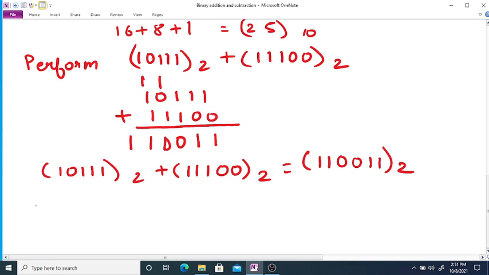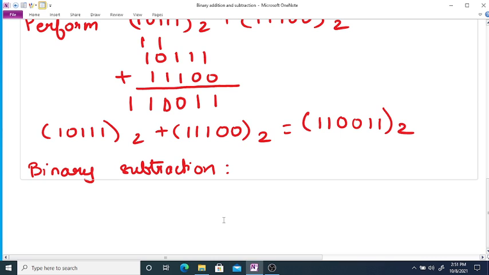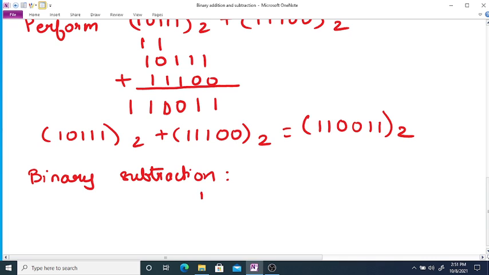Now we will see binary subtraction. Now again in binary subtraction we have 4 cases. In this the answer will be in terms of subtraction, or we can say difference, and borrow.